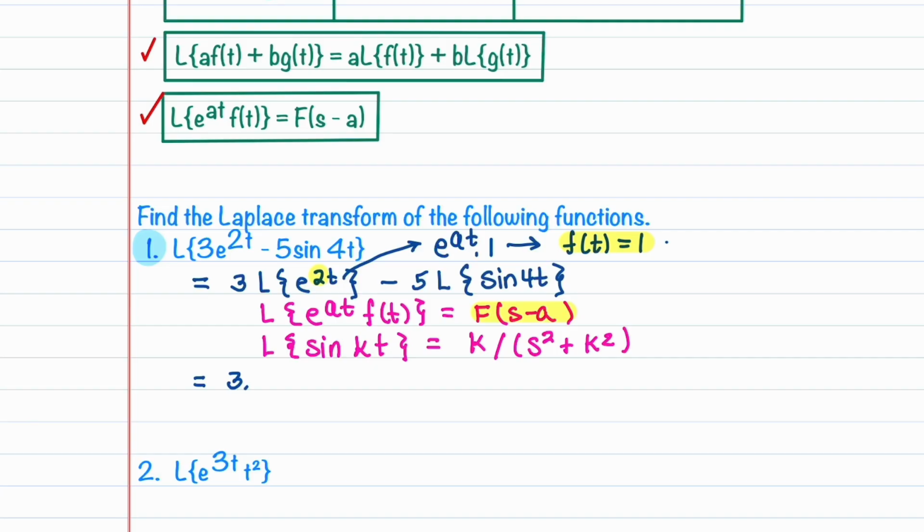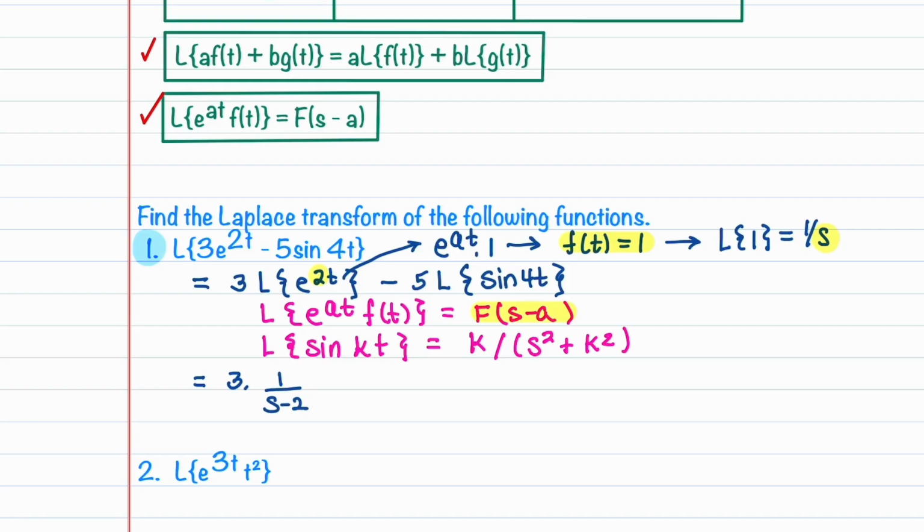So let's write down up here that the Laplace transform of 1 is equal to 1 over s. So our s is going to become s minus 2. This gives us 3 times 1 all over s minus 2.